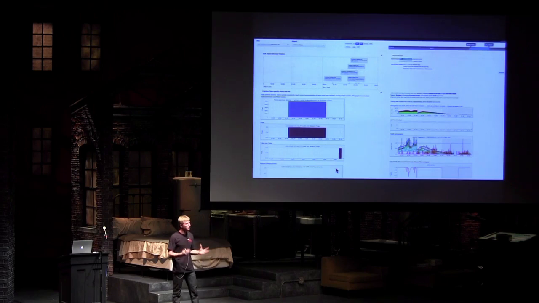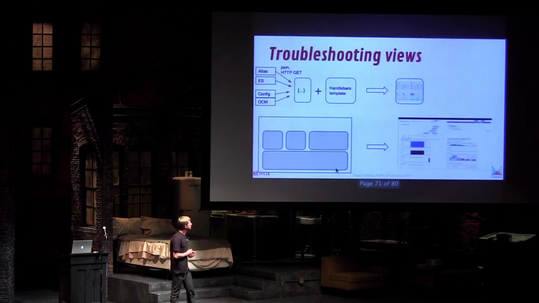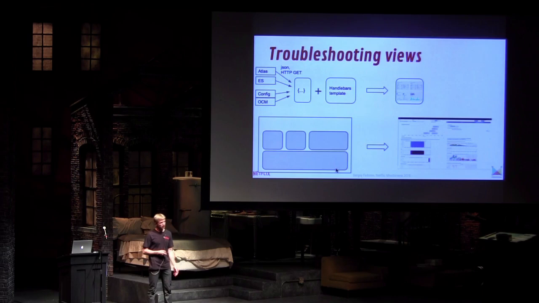Since we do not store data ourselves, we are not opinionated about what data storage or telemetry system we use, so we compose that whole screen in a pretty flexible way. We break down the screen into a bunch of buckets. For each bucket, we define a set of endpoints, pretty much REST JSON HTTP endpoints, which provide us the data. We combine it with an HTML template, and as a result we come up with an HTML rendered page.